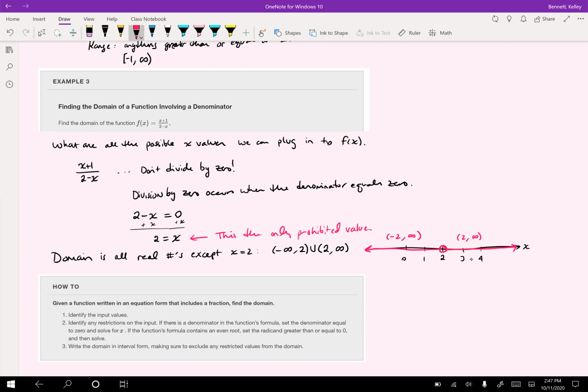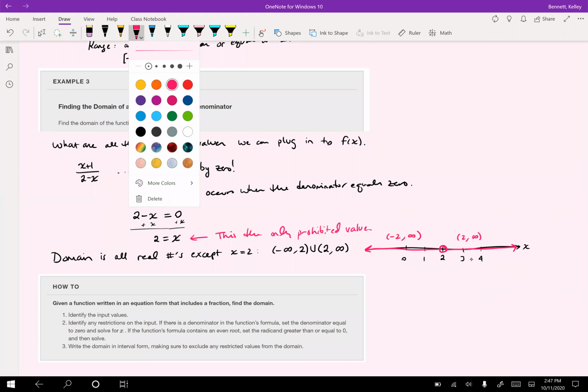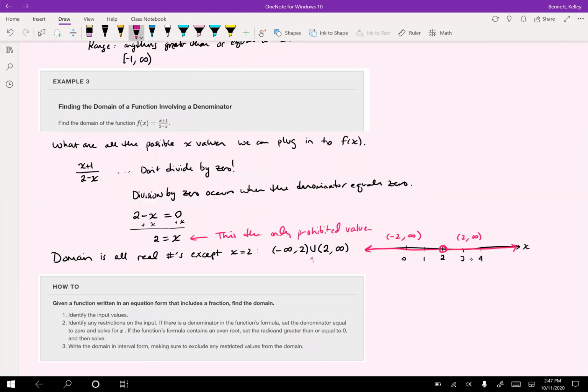And so to put them together in a list, I just write this union symbol. And you should really think of that as the word or. So what I'm saying here is that the domain is all real numbers except x equals 2.